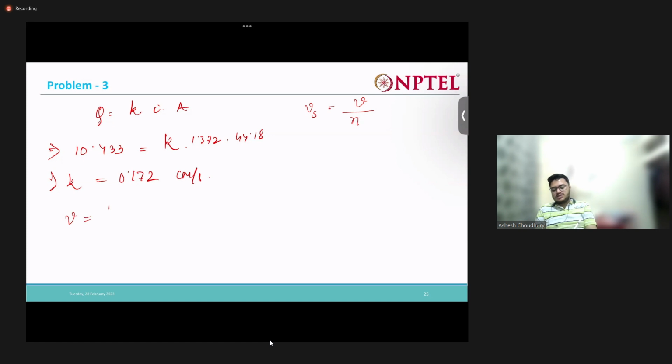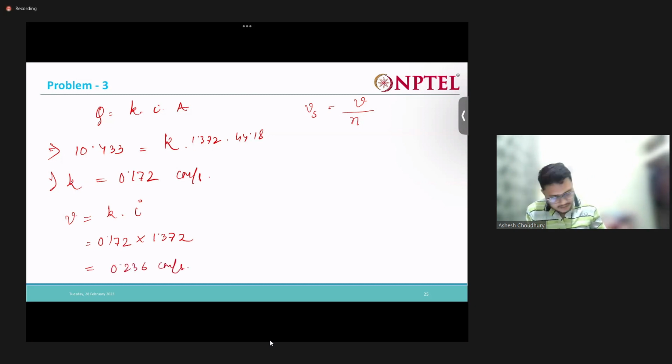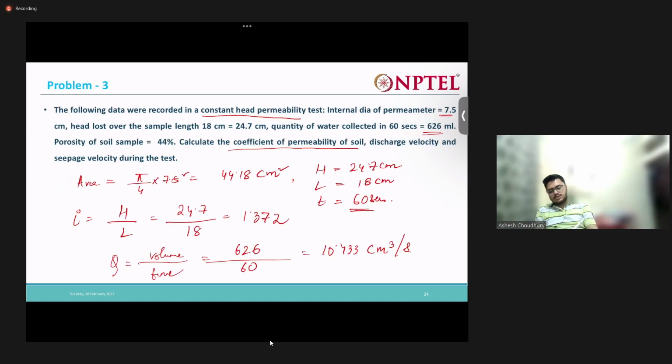Discharge velocity is nothing but k into i, nothing but 0.172 into 1.372, which will come out as 0.236 cm per second. Okay, just calculate. Yeah, 0.236 cm per second. Now the porosity is given to you as 44%.